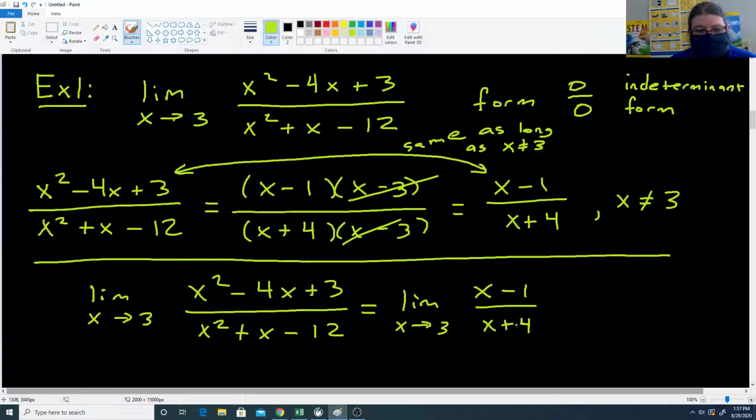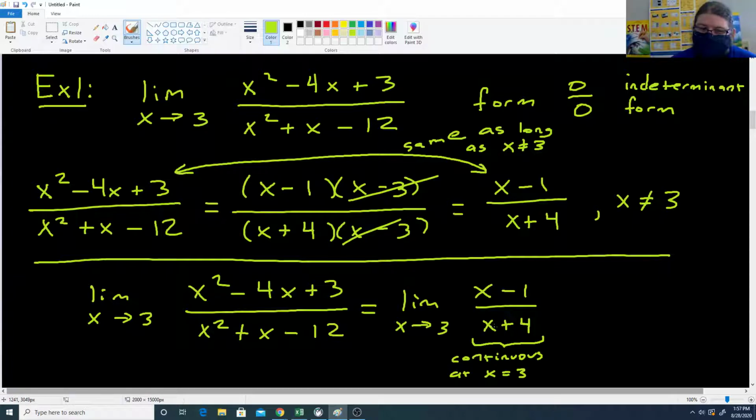Now this is a rational function, and the bottom is not 0 when you put 3 in it. 3 plus 4 is 7. The top, when you put 3 in, is 3 minus 1, which is 2. So this function is continuous at x equals 3.